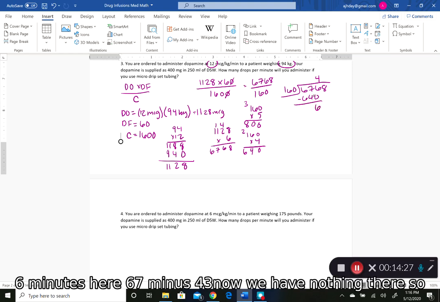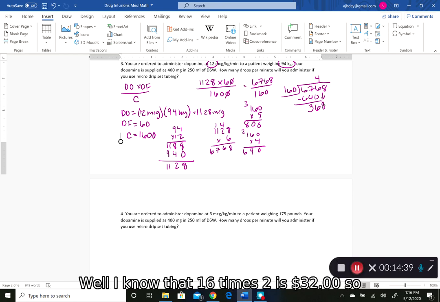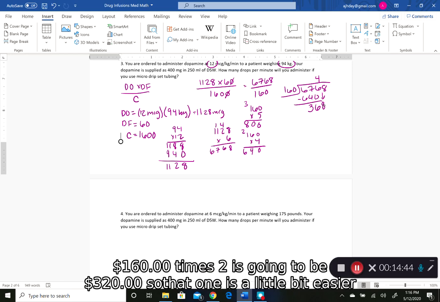6 minus 0 is 6, 7 minus 4 is 3, then we have nothing there, so we can go ahead and bring that down. All right, how many times does 160 go into 362? Well, I know that 16 times 2 is 32, so 160 times 2 is going to be 320. So that one is a little bit easier.